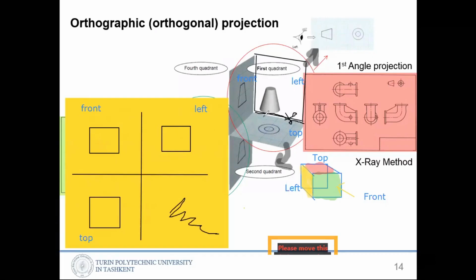So what you see from this side appears on the left hand side, left plane, and what you see from the front side of the part appears here, and then what you see from the top appears here. So then open it, so that will be here. So how do you draw this?